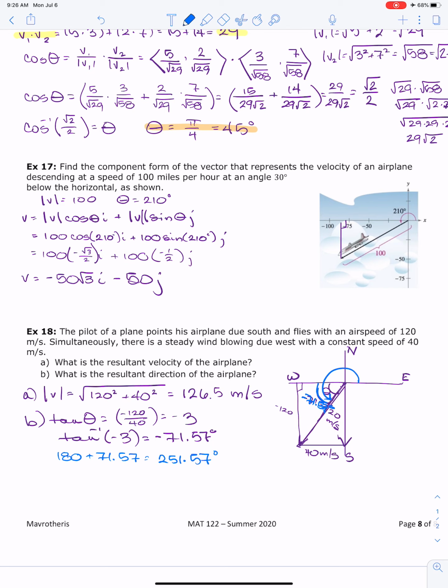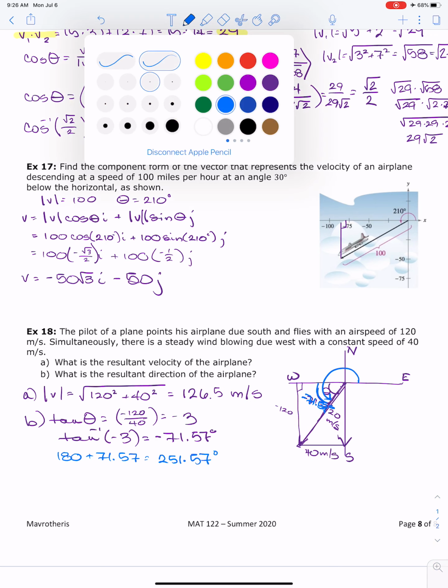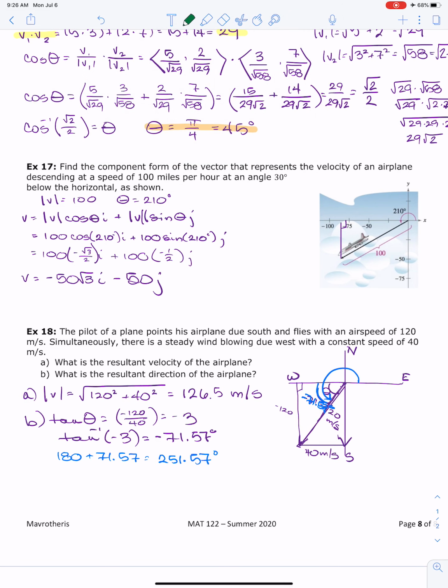Now there's one thing that I want to talk about because it is going to come up as we talk about section 10.1, and that is bearings. Okay, so when we talk about bearings, and this is just an aside, that question is answered. Our bearing starts with north and south. So we start with north and south.